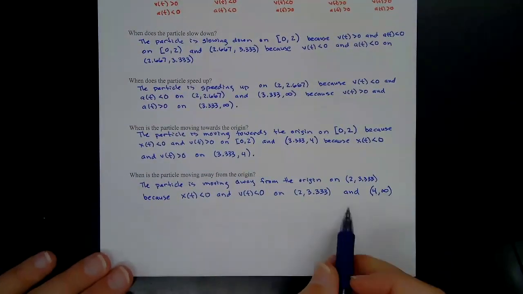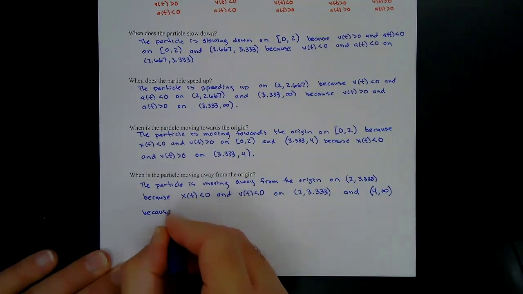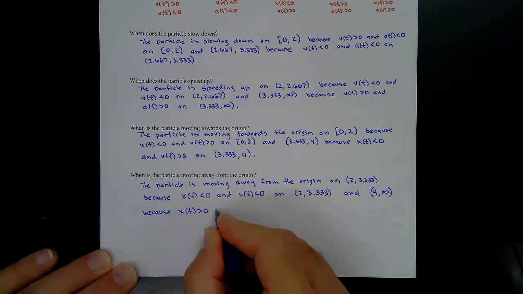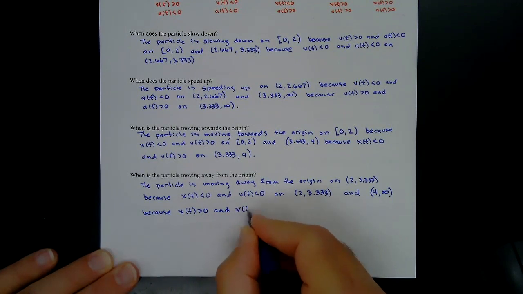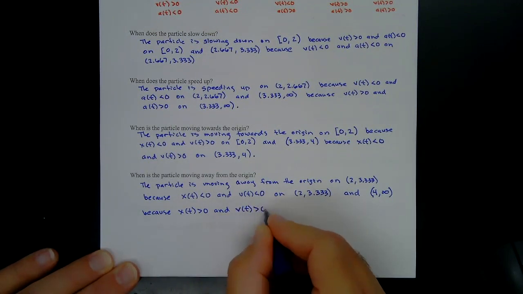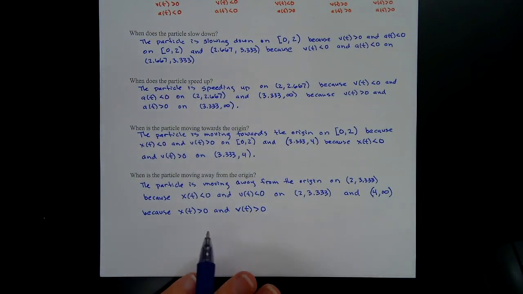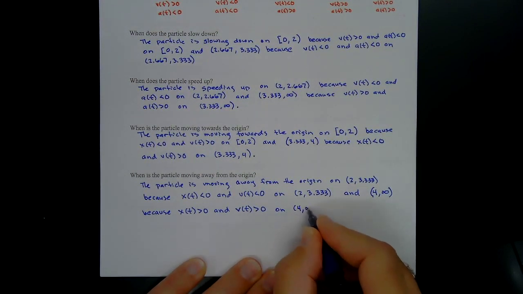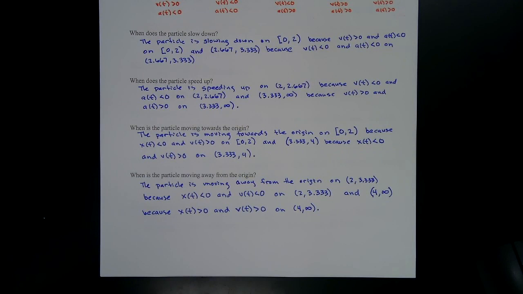So, 4 to infinity, because x of t is greater than 0 and v of t is also greater than 0, on the interval 4 to infinity. And that's how you determine all of this stuff.